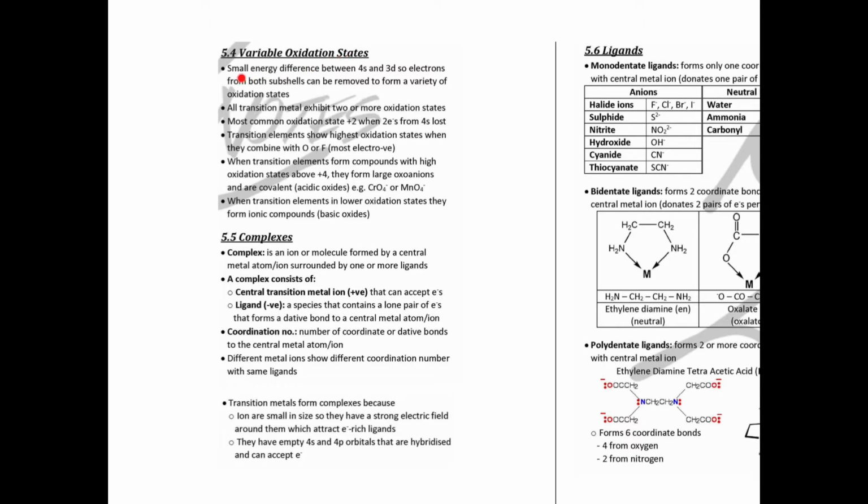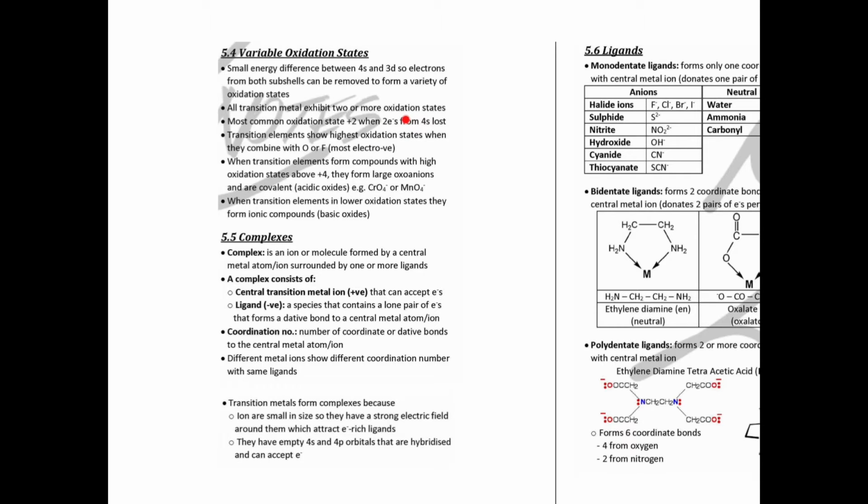So electrons from both subshells can be removed to form a variety of oxidation states, like vanadium, which can be +2, +3, +4, +5, because of the small energy difference.